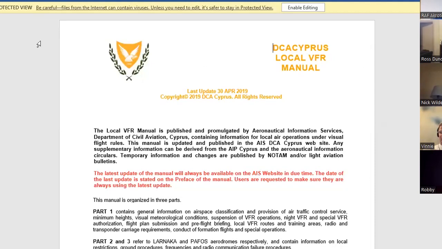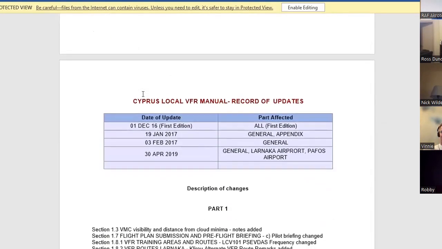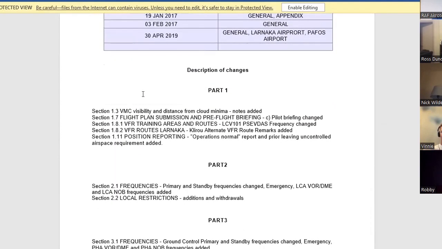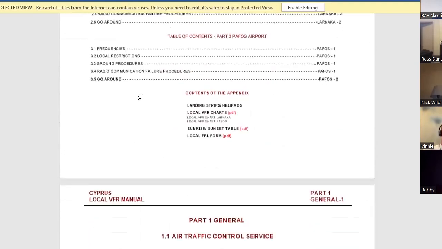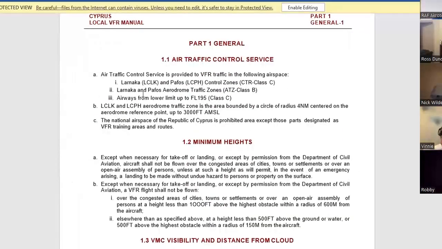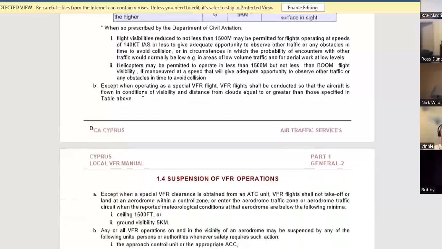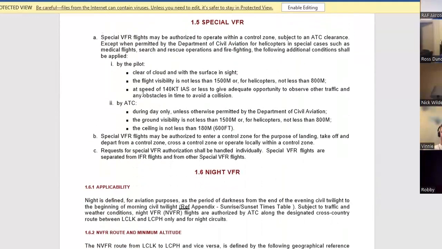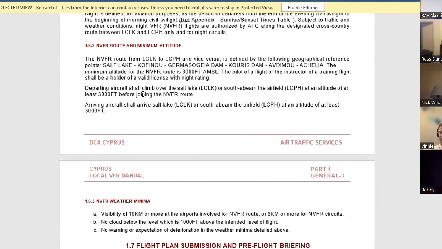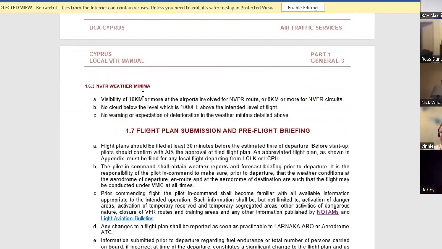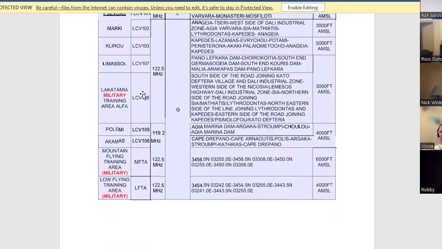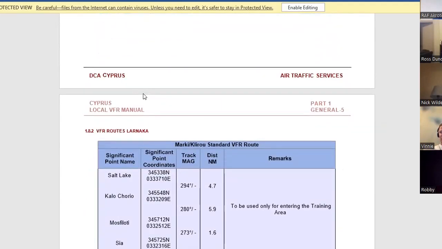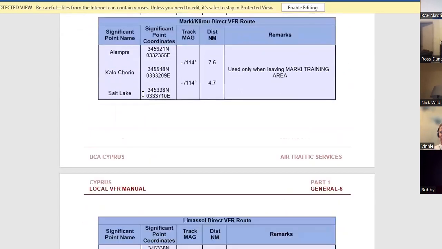If we quickly scroll through this, it gives us all of the VFR minimas, the heights, the laws relating to things, night VFR, day VFR. This is why we have to know the difference between day and night, because everything here is different for day and night.